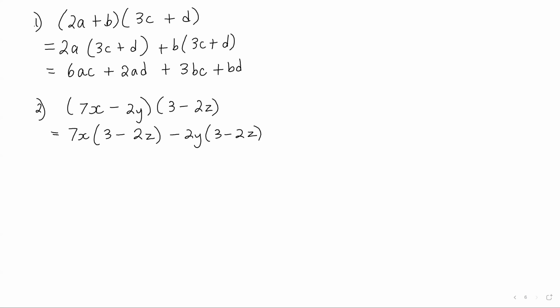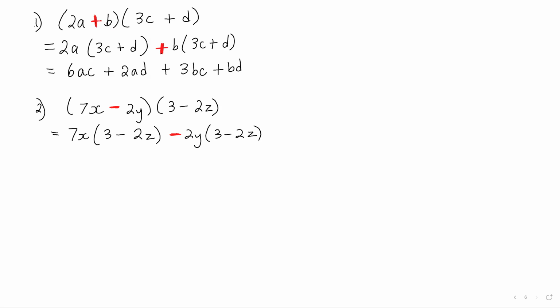Make sure that these two signs are the same, right? This is minus 2y, so here it needs to be minus as well. It doesn't change. Up here, it was 2a plus b. So then here, it would have to be plus b again, right? So it's the same sign.